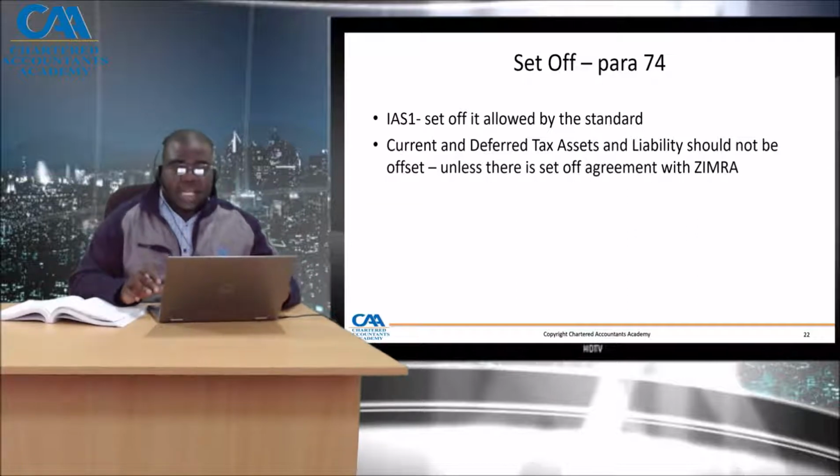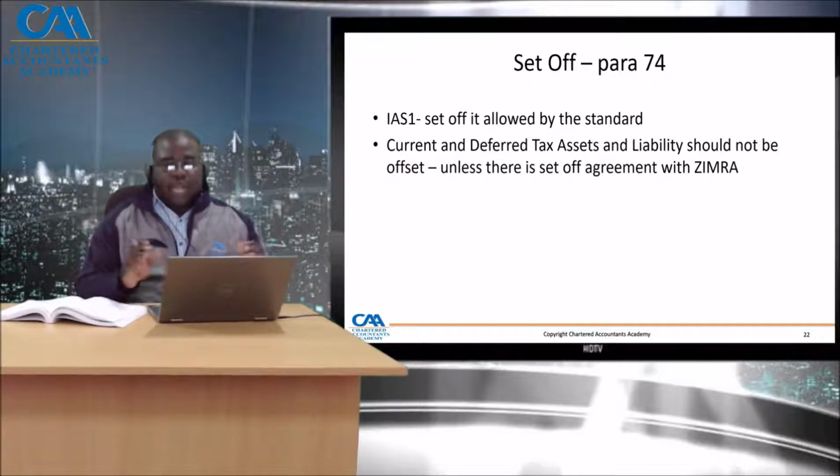Ladies and gentlemen, this is the end of the basic concepts of deferred tax for now. You need to watch out for the next sections that will cover specific or complex sections of deferred tax.